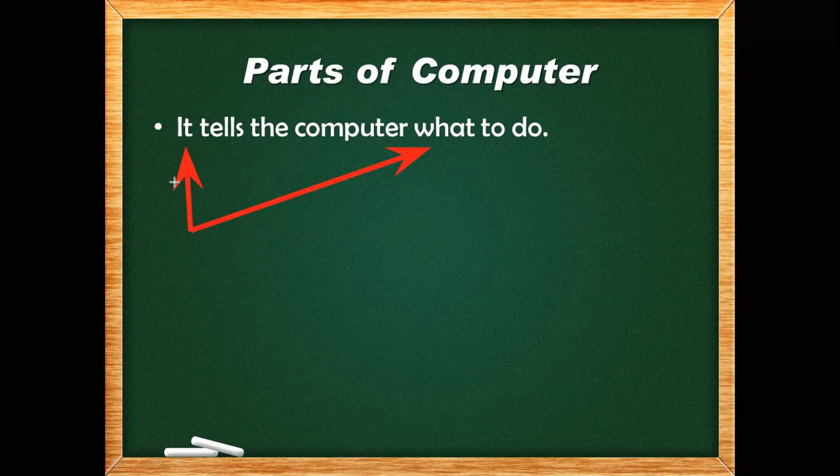The CPU is the brain of the computer. So the computer cannot work without the CPU, or the CPU cannot work individually. So it's false. Can any person think anything without a brain? No. In the same way, the computer cannot work without the CPU.